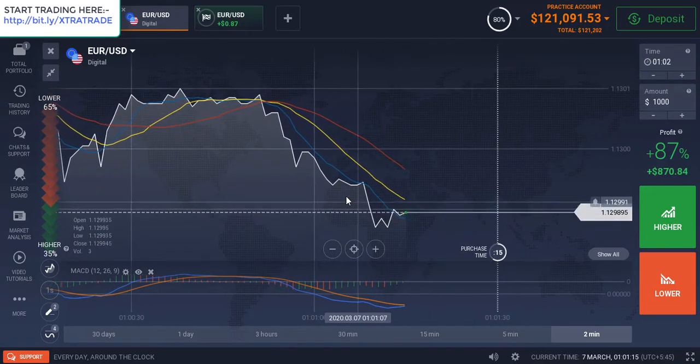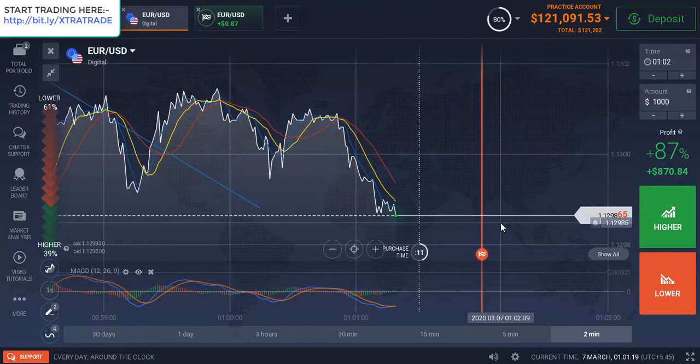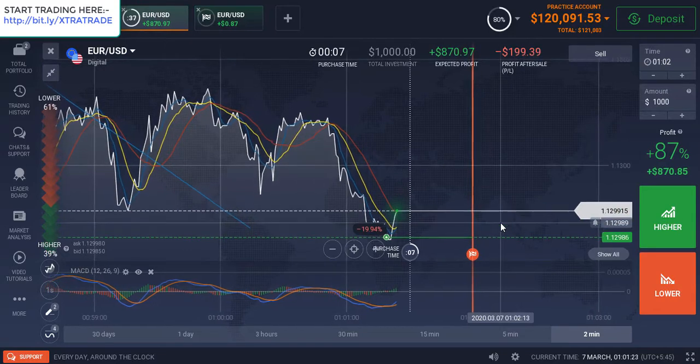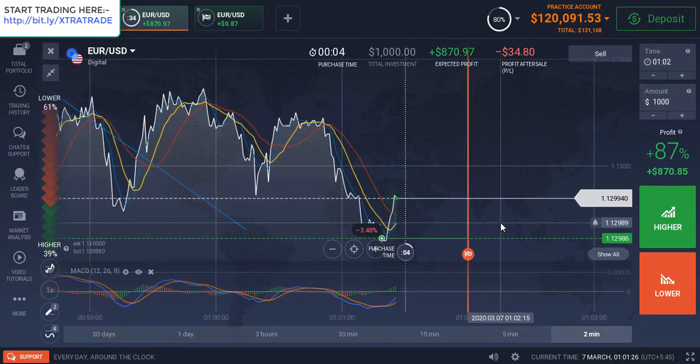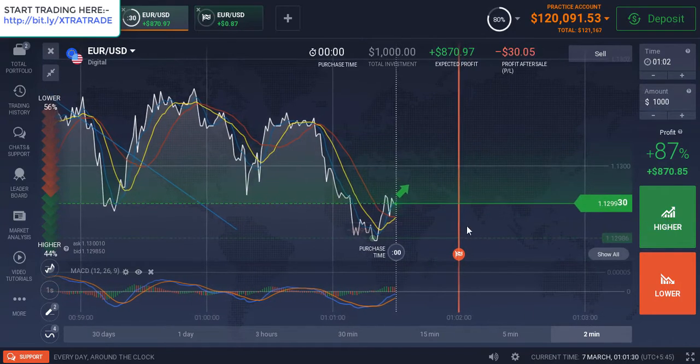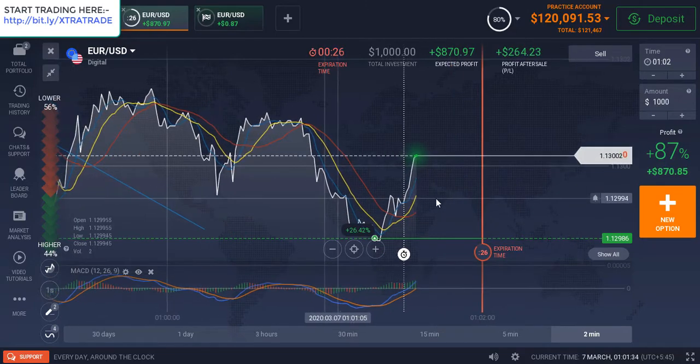So let's see the graph again. Okay, so it's down again. I'll click the higher one, let's see if we can make that money again. Okay, you can also bid more than one time, but let's say you do not want to take the risk.